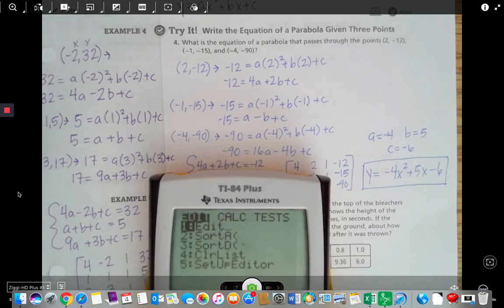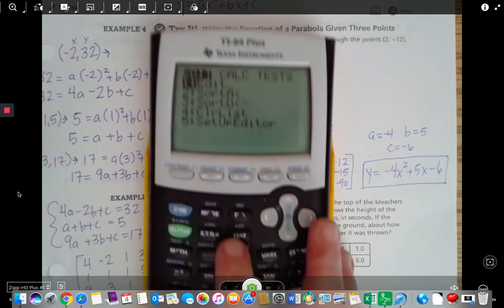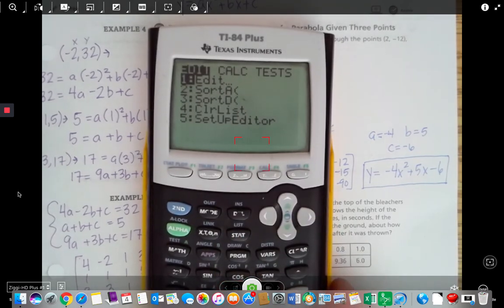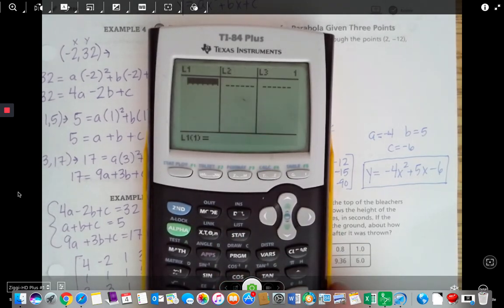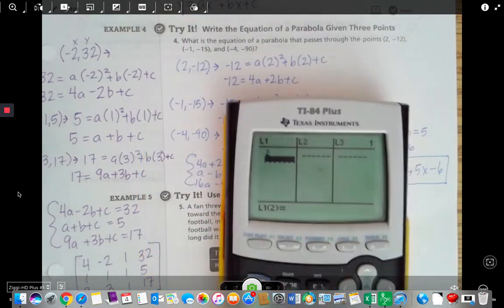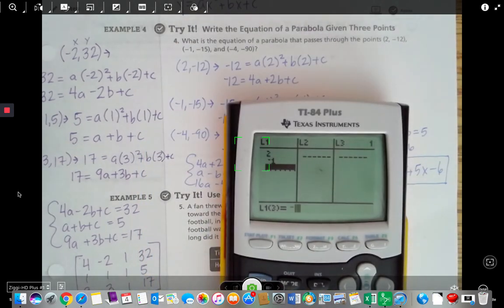So what I just did is I went to Stat, Edit. I know y'all use this sometimes in Algebra 1. And I just put in all the x values, 2, negative 1, negative 4. All my y values, negative 12, negative 15, negative 90.